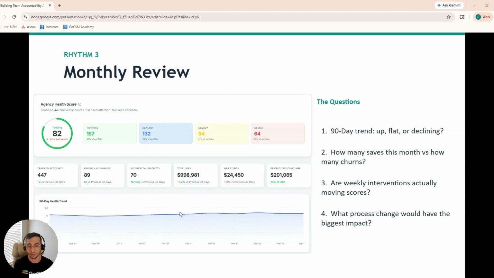It could be adding additional knowledge base articles or training videos or a mini course, or changing the timing of your first check in after a client goes live or after a client gets onboarded or after the kickoff call. Whatever it is, the 90-day trend is going to give you the scoreboard to measure whether or not your customer success approach is working.